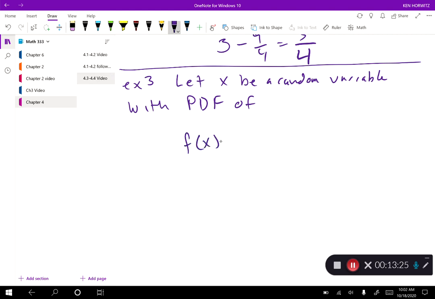Little f of x equals C times x squared, where the absolute value of x is less than or equal to 1. That basically means that between negative 1 and 1, that's my function, or 0 otherwise.